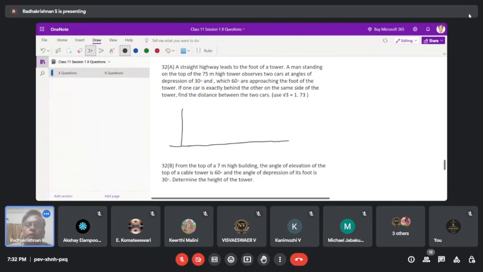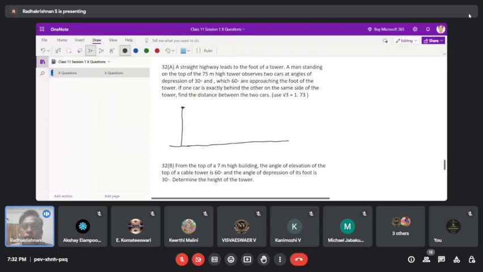A man is standing on top of the 75-meter high tower, here. He observes two cars at angles of depression 30 and 60 degrees approaching the foot of the tower.